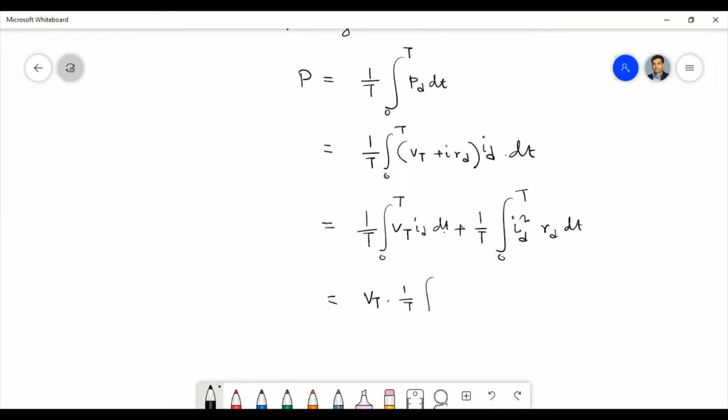Then VT will come out of the integration, and RD will also come out.